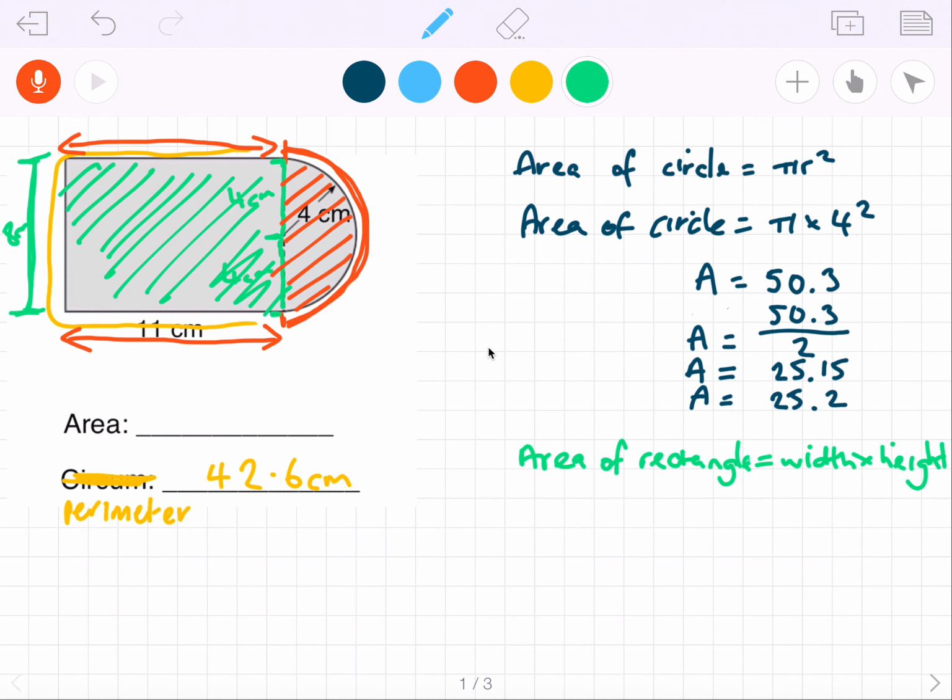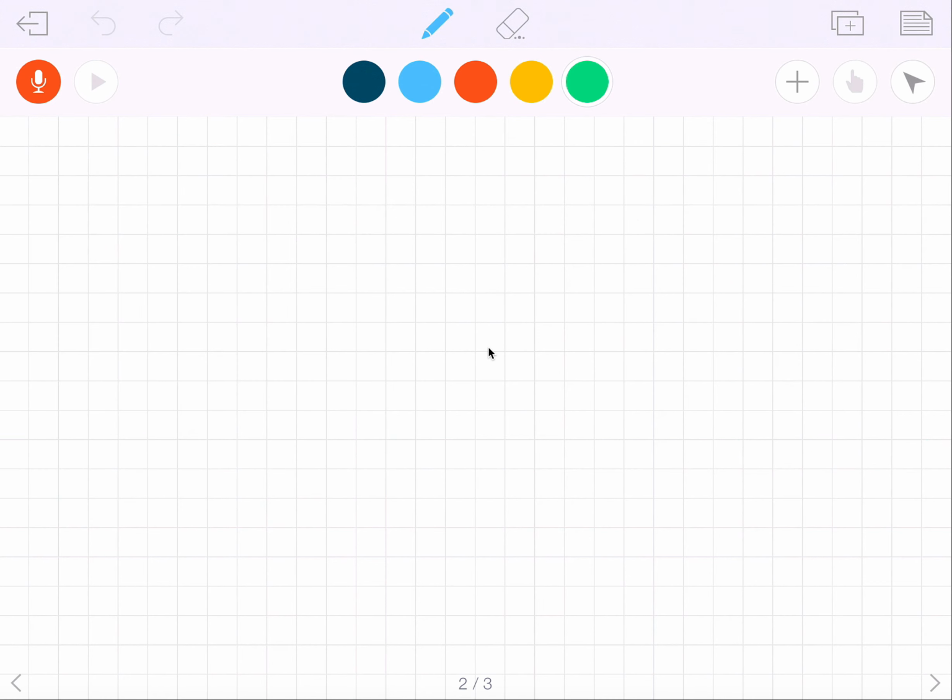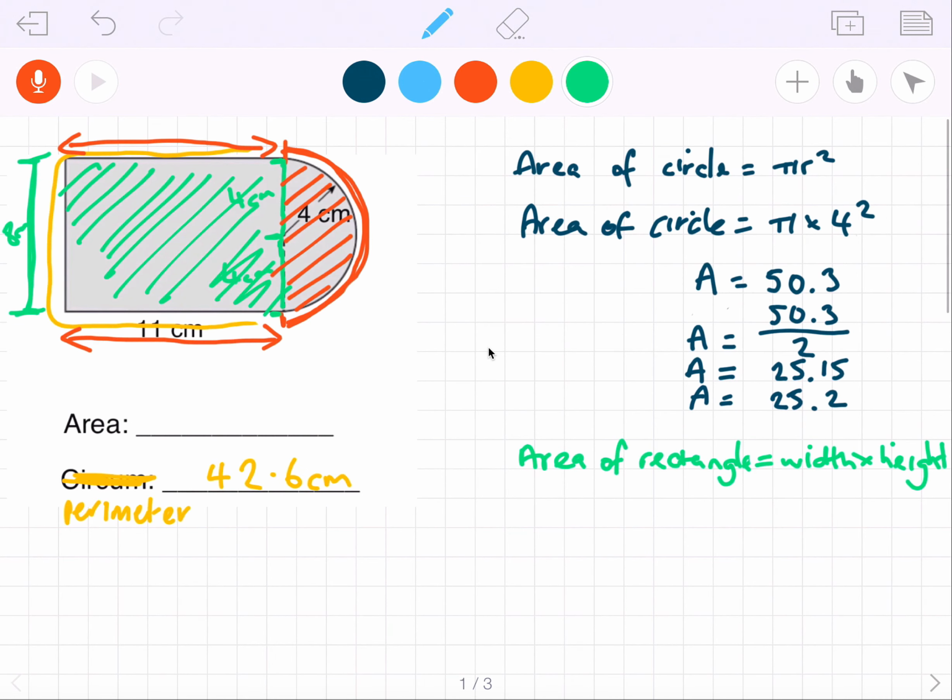In this case, we'll say AR, area of the rectangle, equals the width, which is 8 centimeters, multiplied by the length, which is 11 centimeters.